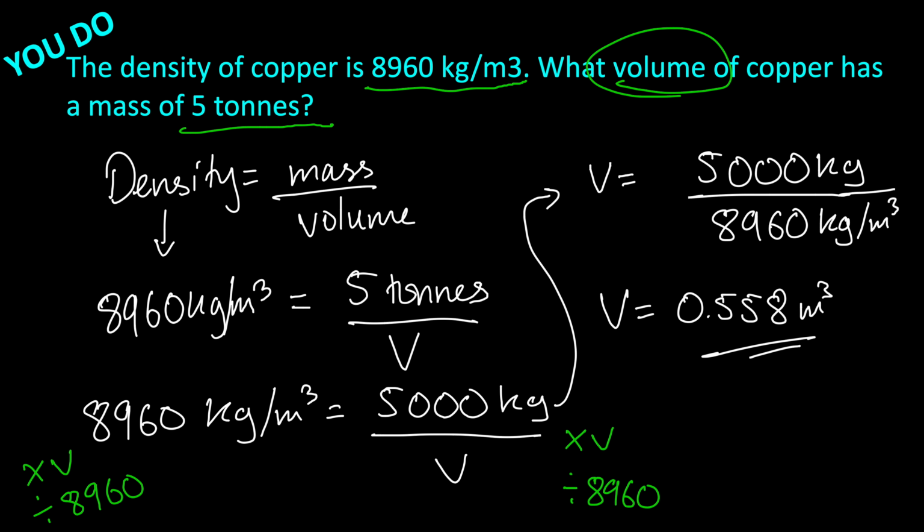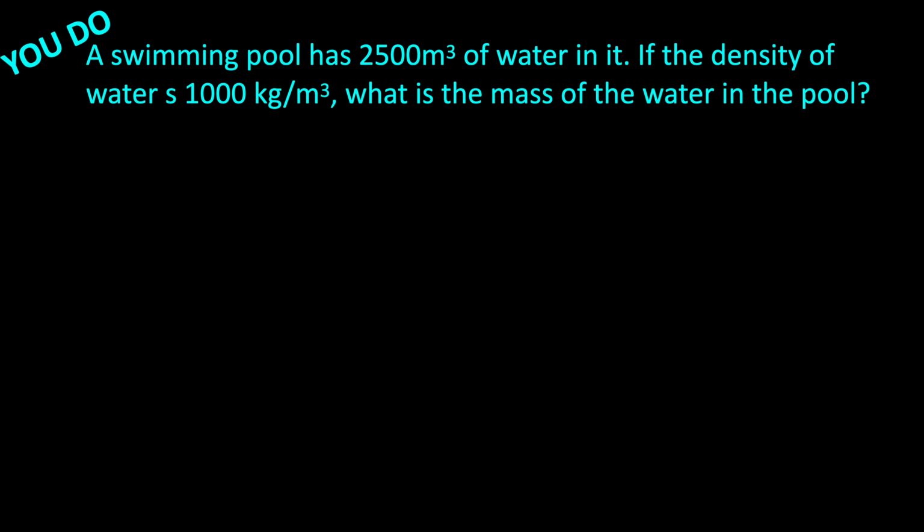Let's try another. Pause the video and have a go. Now let's go through this question together. A swimming pool has 2,500 meter cube of water in it. If the density of water is 1,000 kilogram per meter cubed, what mass of water is in the pool?